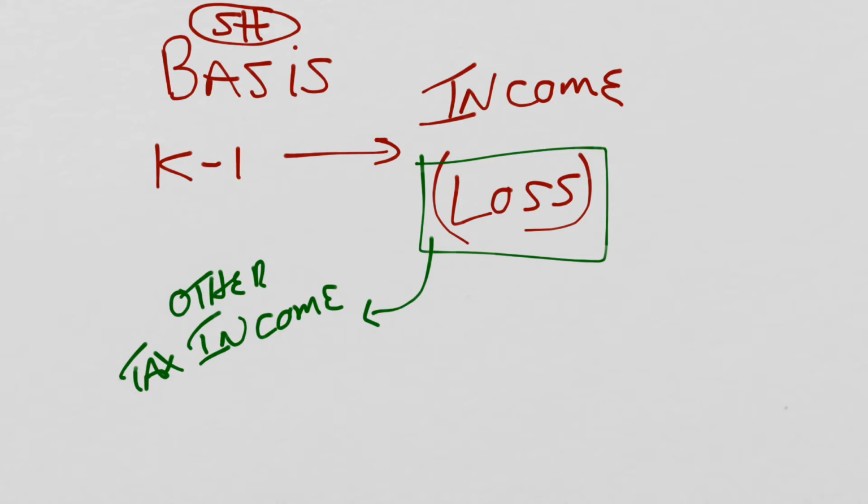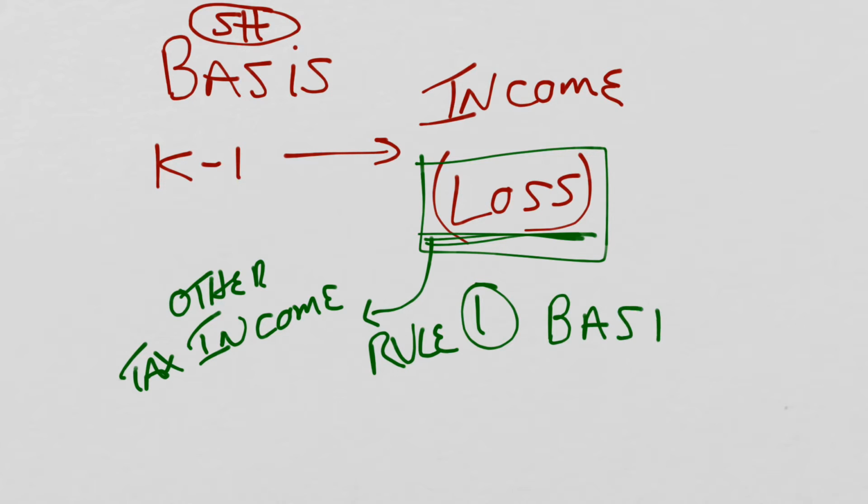So you don't want a loss in a pass-through S corporation, but if you have one and you can use the loss against other income, it softens the blow of the loss because you reduce your taxes by the amount of the loss. So rule number one to know if you can use the loss against other income is you must have basis. So this is rule one. You must have basis.